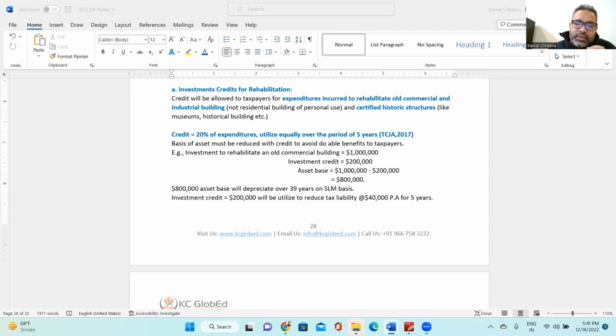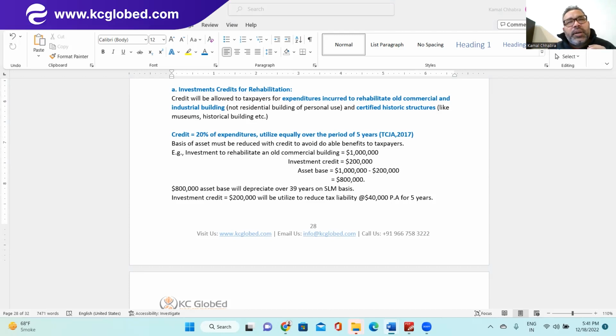How much is it allowed? 20% of the expenditure you have made. Third question: if you are taking the tax credit, how much money do you need to reduce from the asset base?